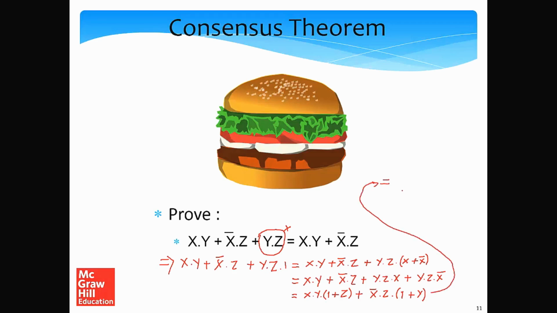Any number ORed with 1 is 1. So we can replace this with... which is exactly what is there in the right hand side, or the RHS. So this term is the same as this term, and this term is the same as this term.